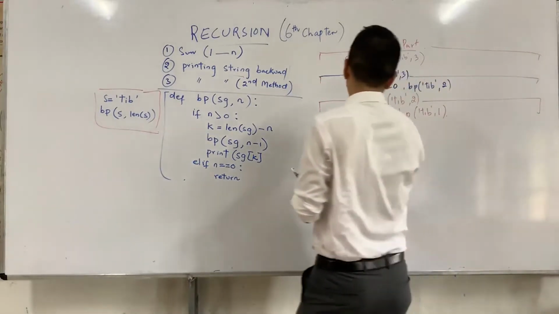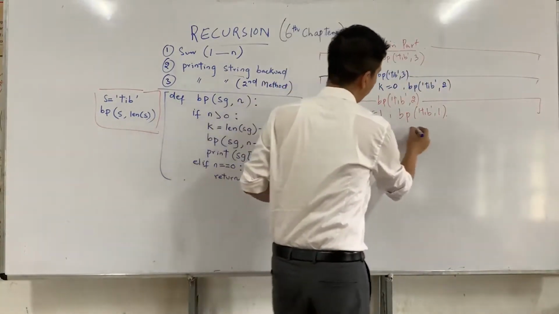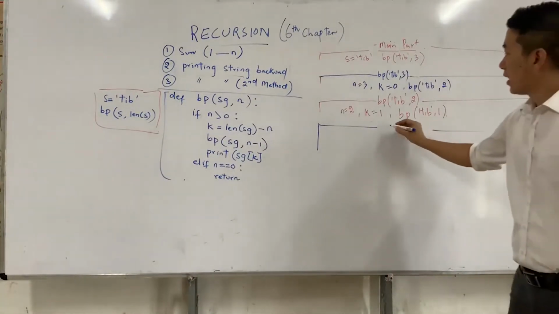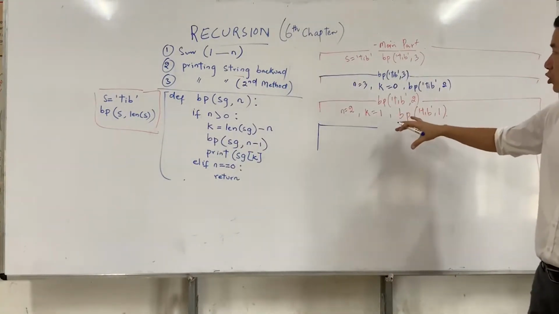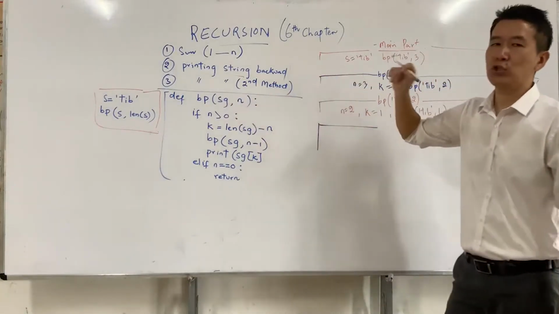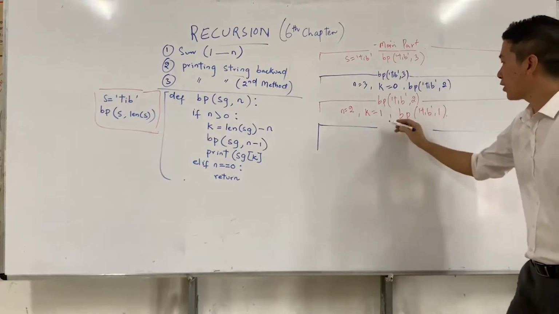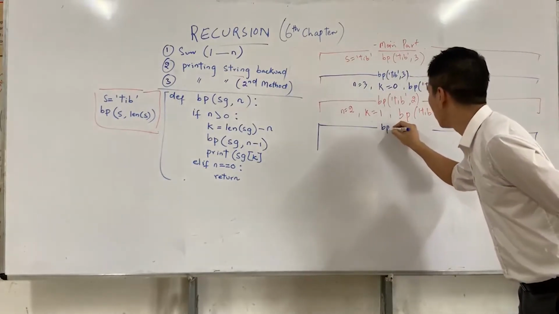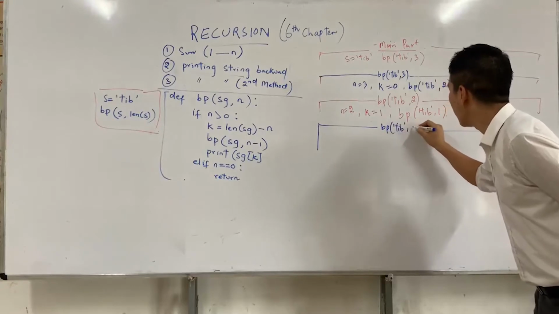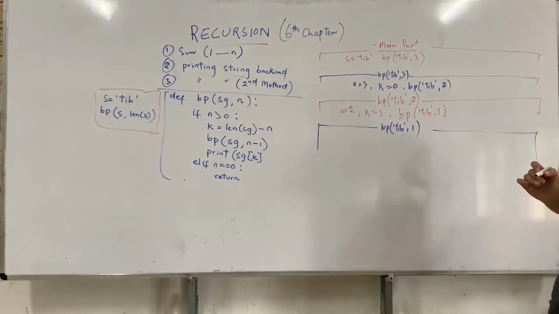I guess this will be the final one. So this will be the final frame, and this is what we refer to as the function header. The function header will still be BP, TIB, and then you will have the value 1.